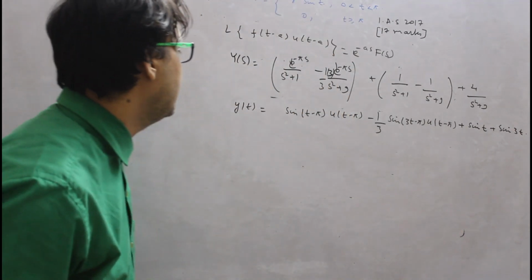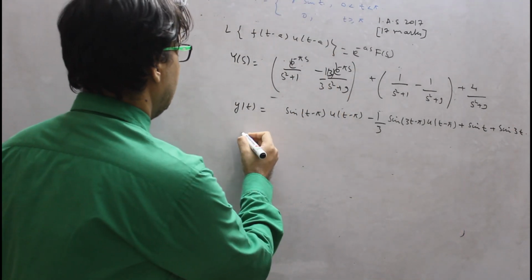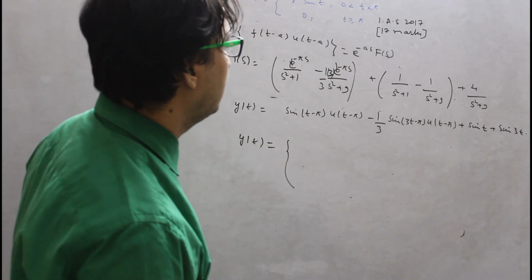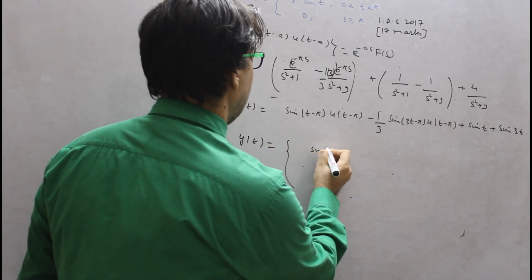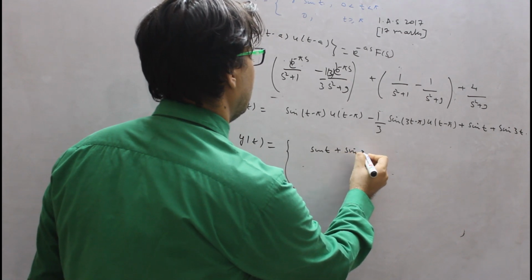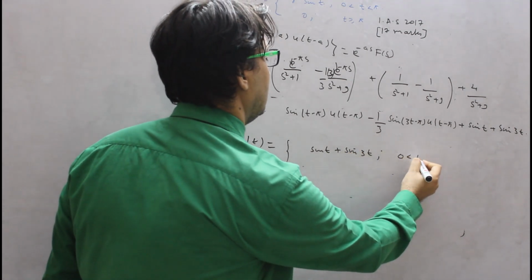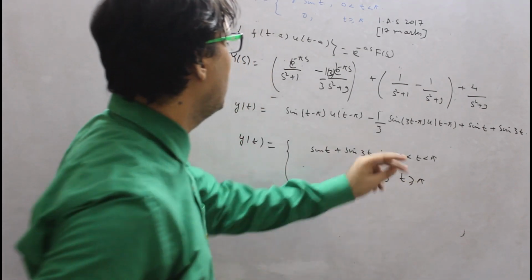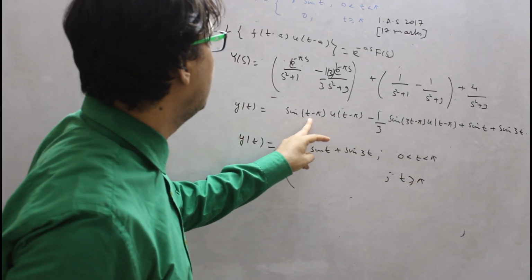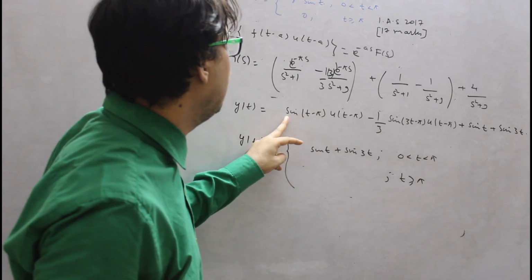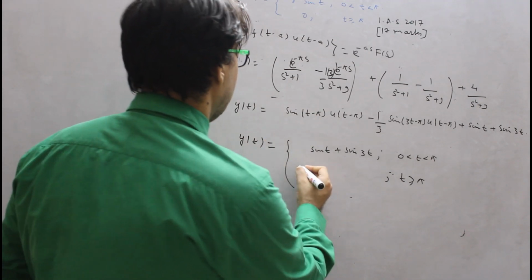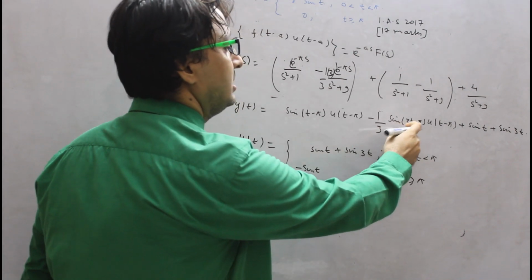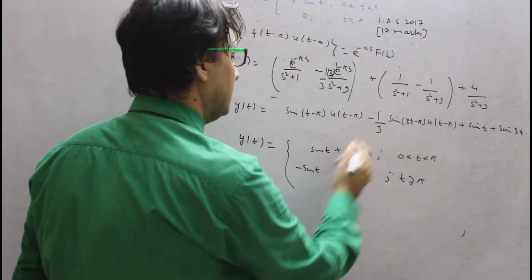So what we are getting is, if we write this y of t, we get sine t plus sine 3t for 0 less than t less than pi. The moment we consider this one, its value for t minus pi is minus sine t. So it becomes minus sine t. This becomes sine 3t minus pi, minus becomes plus.